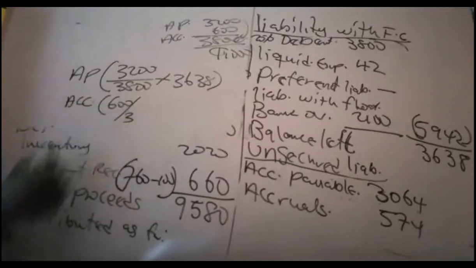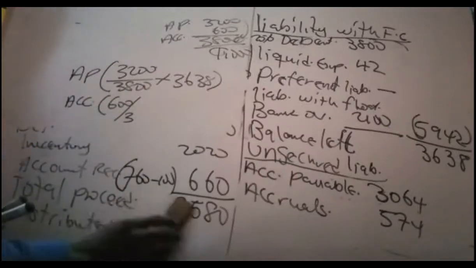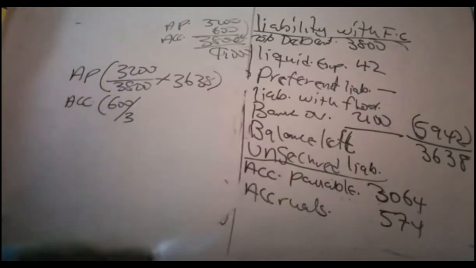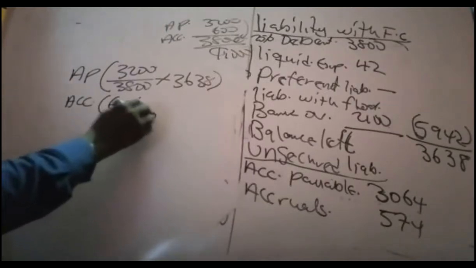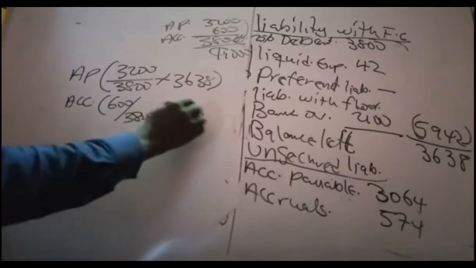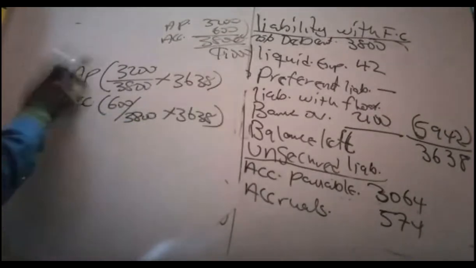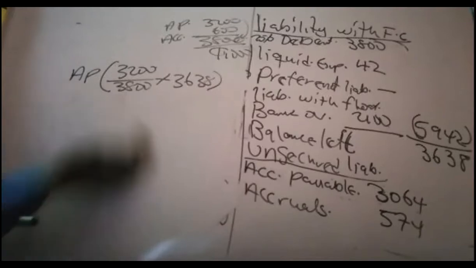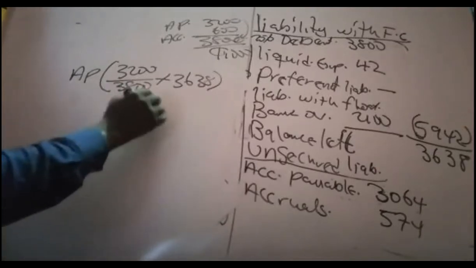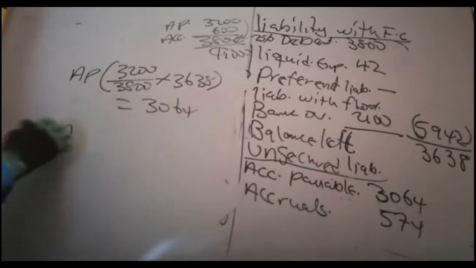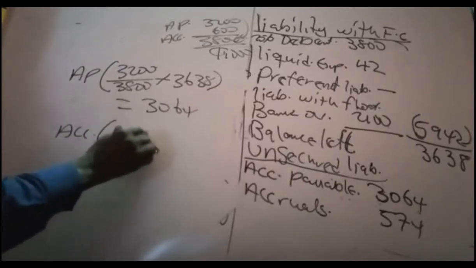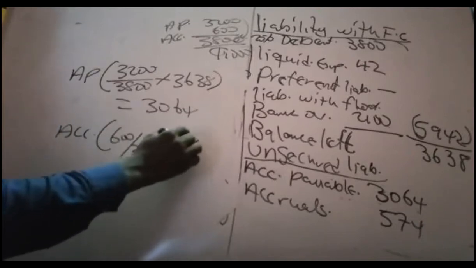So out of 3,800, now I can take this section off so that it will be nice. Out of 3,800 times 3,638. This will be for the accrual. This will be for the account payable. Then you put the answer in nicely. Then that's all. So if you do this one very well, you get the answer of 3064. If you do the accruals too, 600 divided by 3,800 times 3,638.